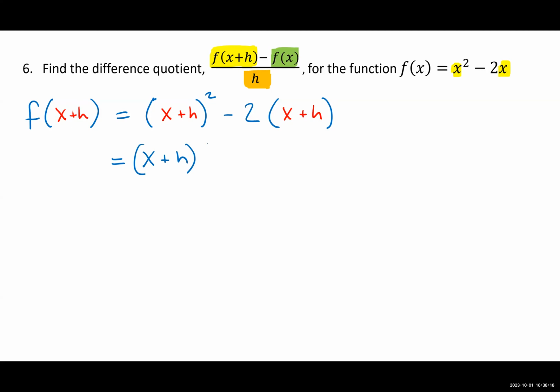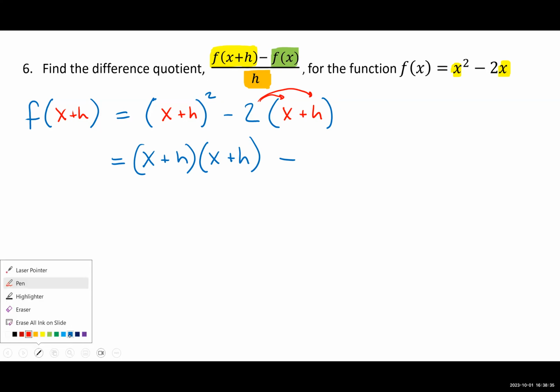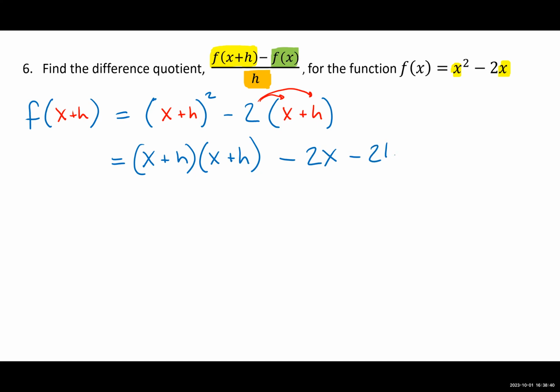So x plus h squared means x plus h times x plus h. And the 2 times x plus h, we can multiply through the 2 or distribute the 2. So that'll be minus 2x minus 2h.